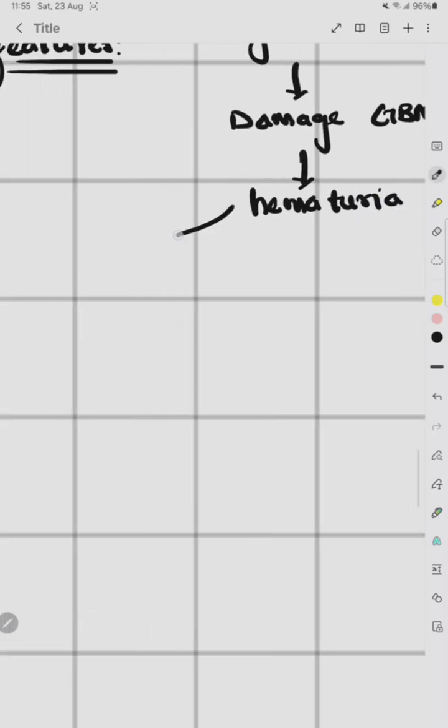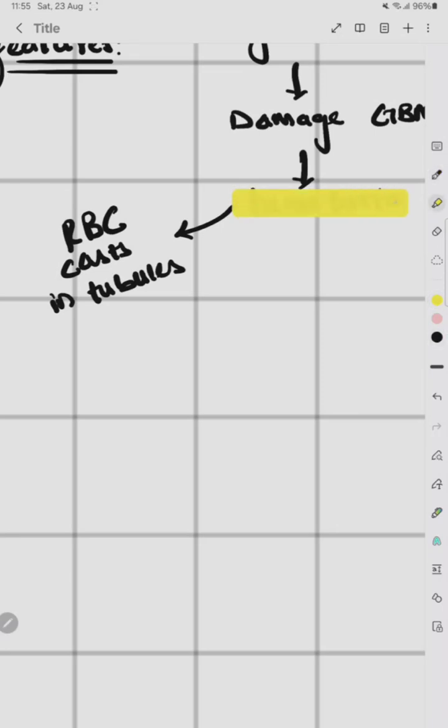Now, if this happens for a prolonged duration, it can lead to formation of RBC casts in tubules. This is the first finding you have to remember. This is another finding you have to remember.